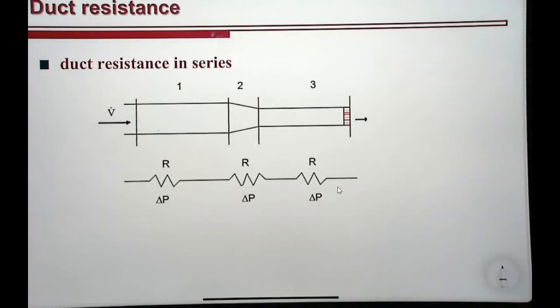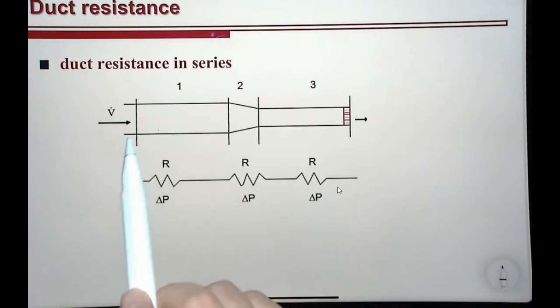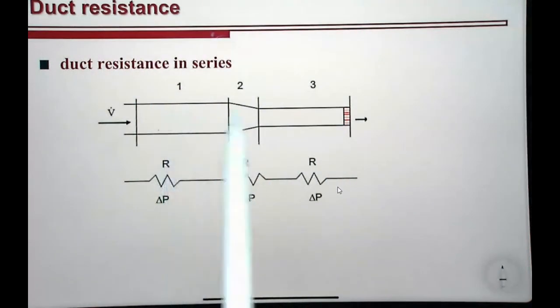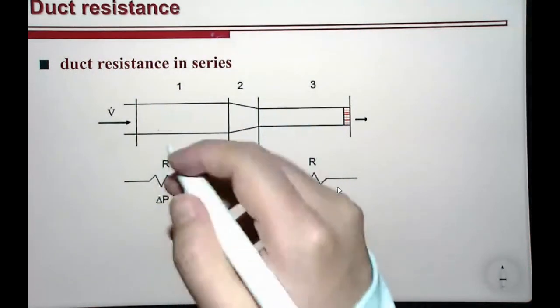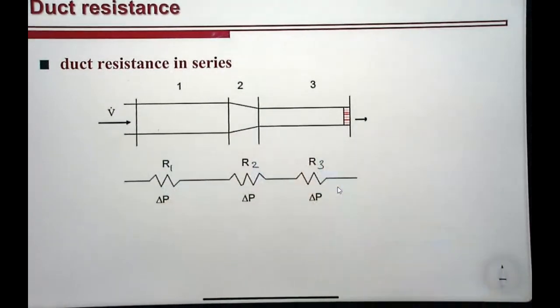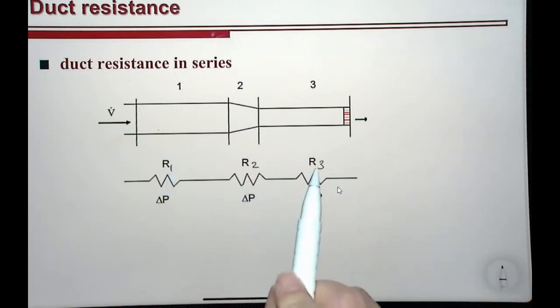Now we are going to cover duct sections connected in series. You can see that this duct system consists of 3 sections, number 1, number 2, and number 3. The duct resistance of each section is R1, R2, and R3 respectively.